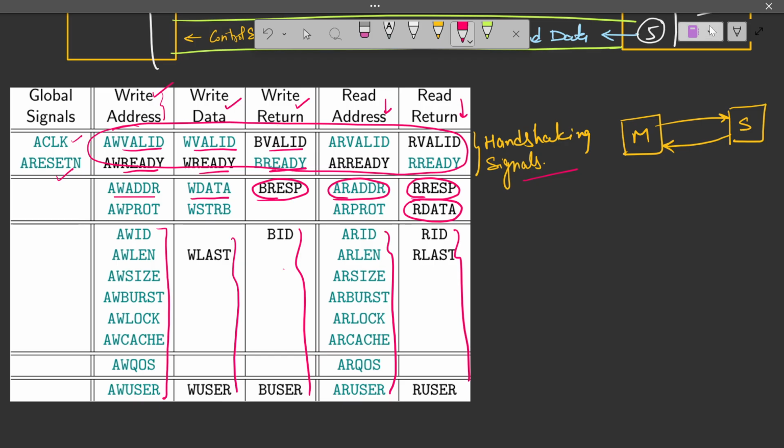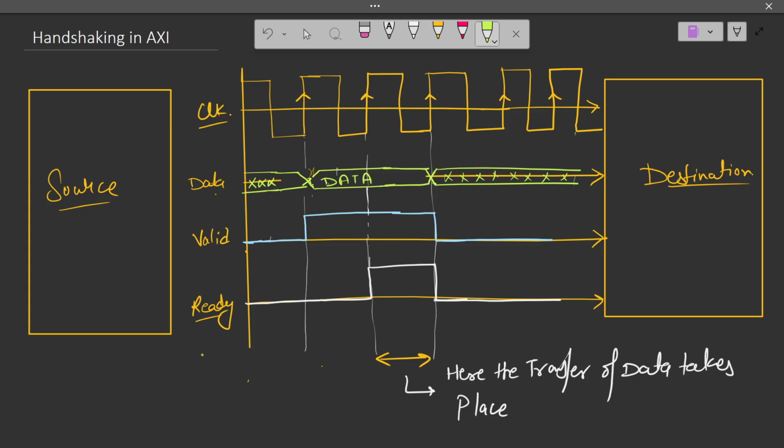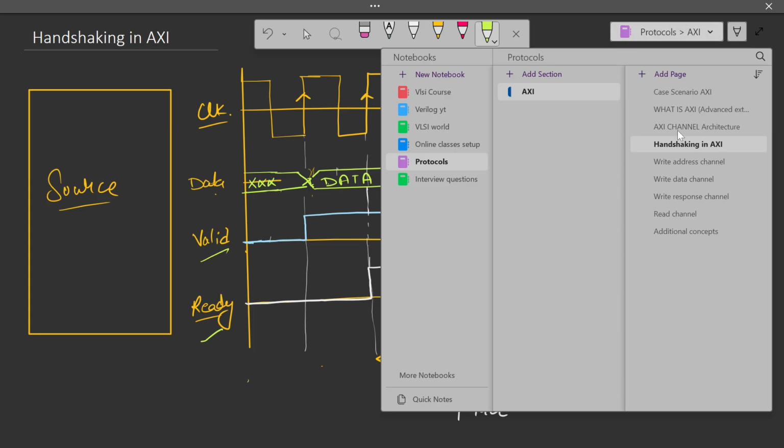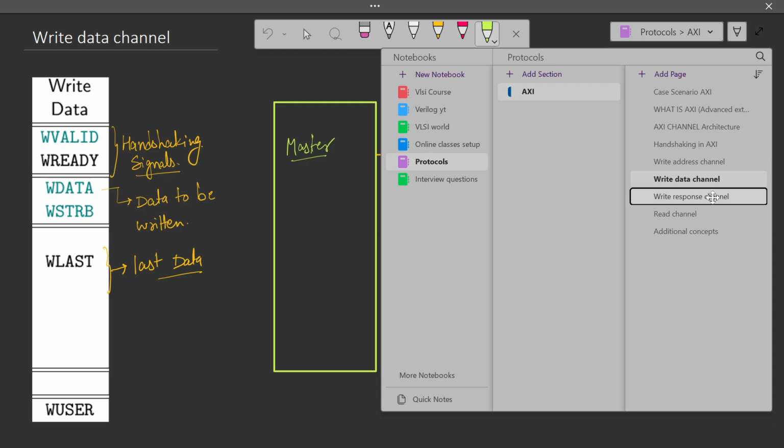In the upcoming videos, I'll explain handshaking in AXI, how handshaking happens using the valid and ready signals. Then I'll explain the write address channel, then the write data channel, then the write response channel.